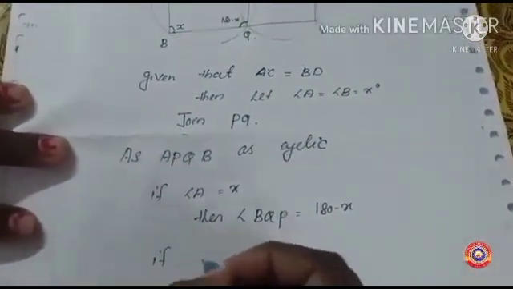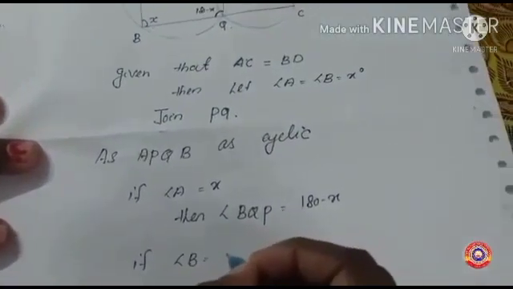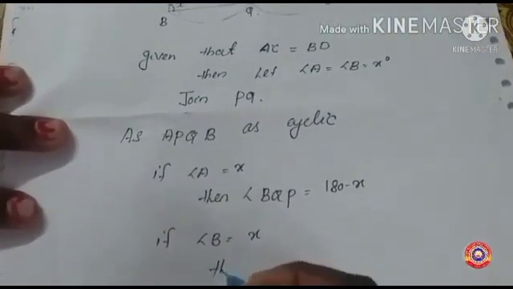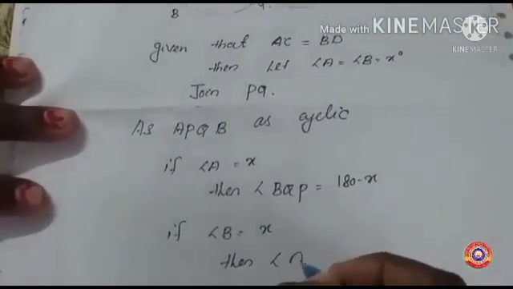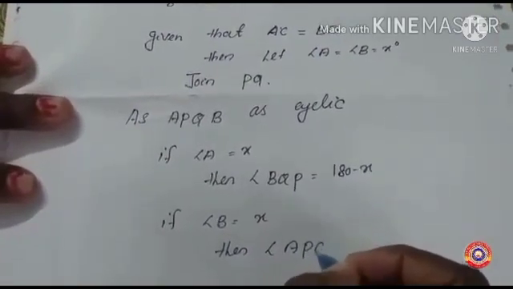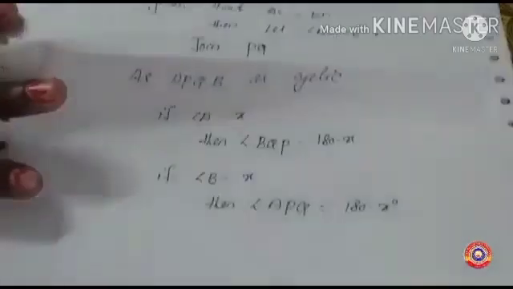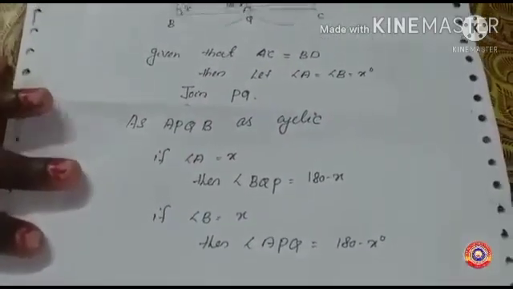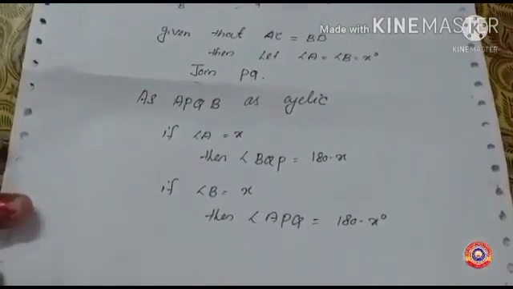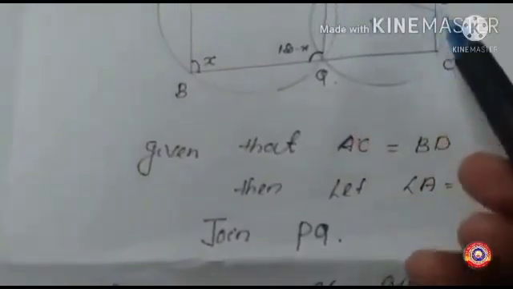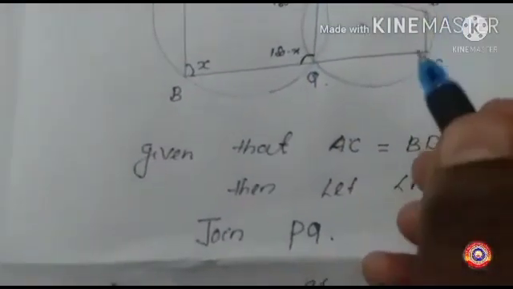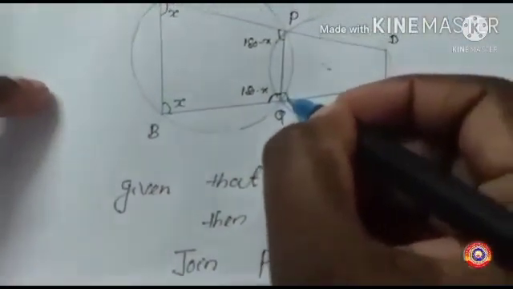Next, if angle B equals x degrees, then what about angle APQ? That is also 180 minus x degrees.